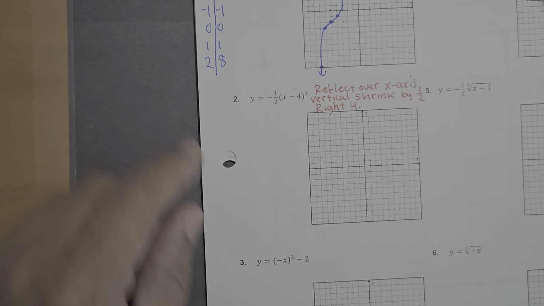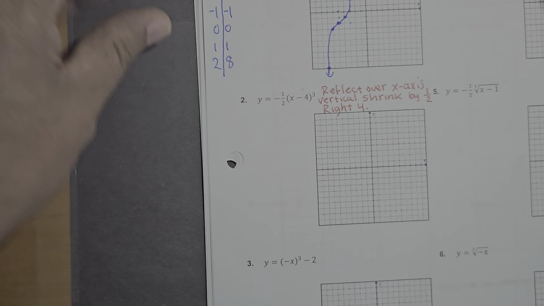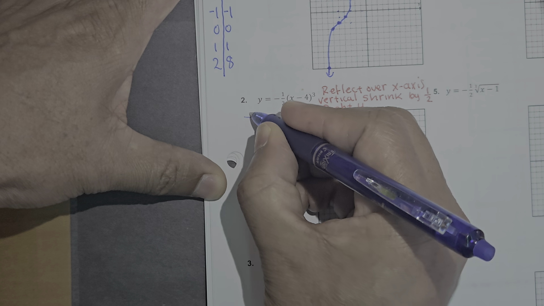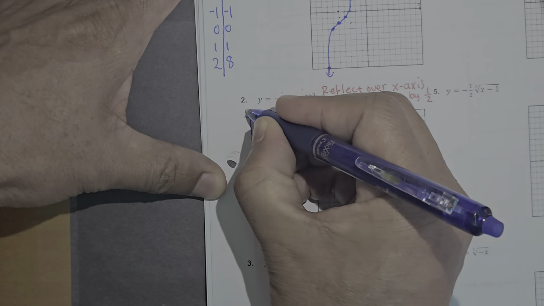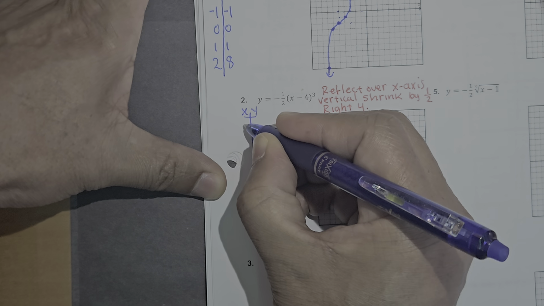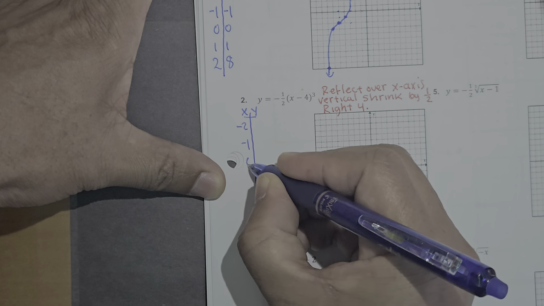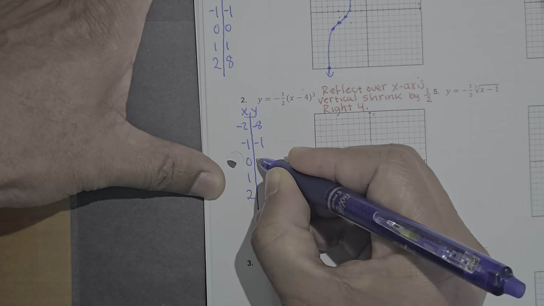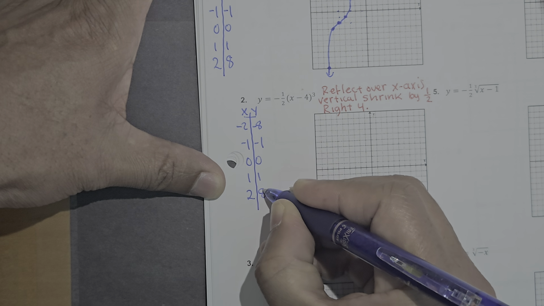Okay, so what I need to do is I need to copy this table just so that you can see it. I'm going to copy that table. But then I have to do something to the y values. So negative 2, negative 1, 0, 1, 2, negative 8, negative 1, 0, 1, and positive 8.